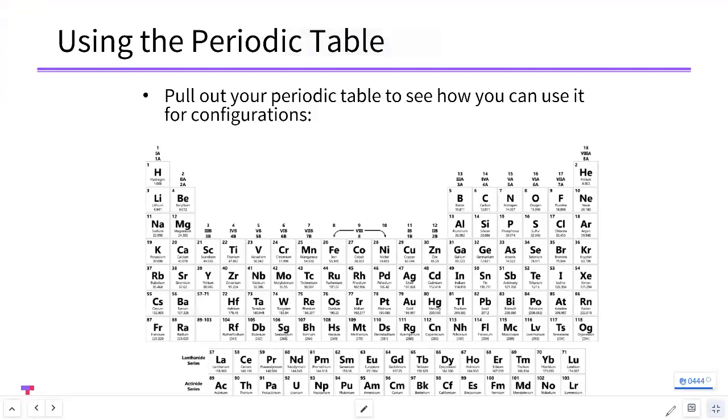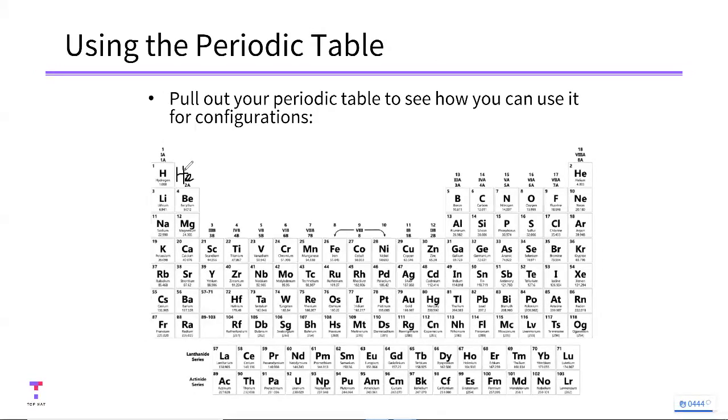So the first thing that I want you to do, and this is just for electron configuration purposes, is draw in a temporary box here for helium right next to hydrogen. Now we know that helium has about as much to do with the alkaline earth metals as hydrogen does with the alkali metals.